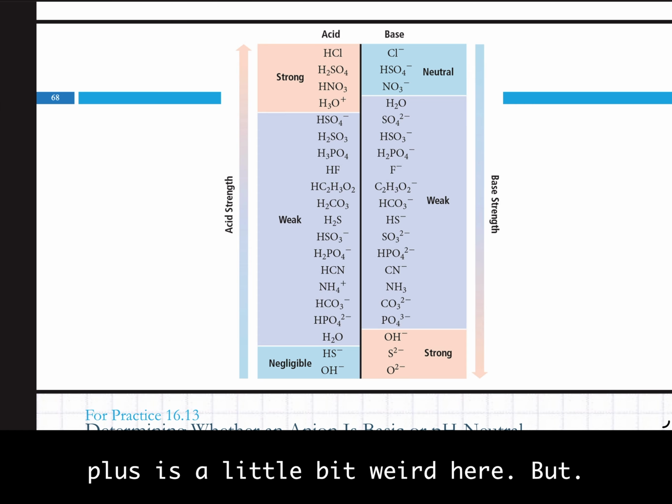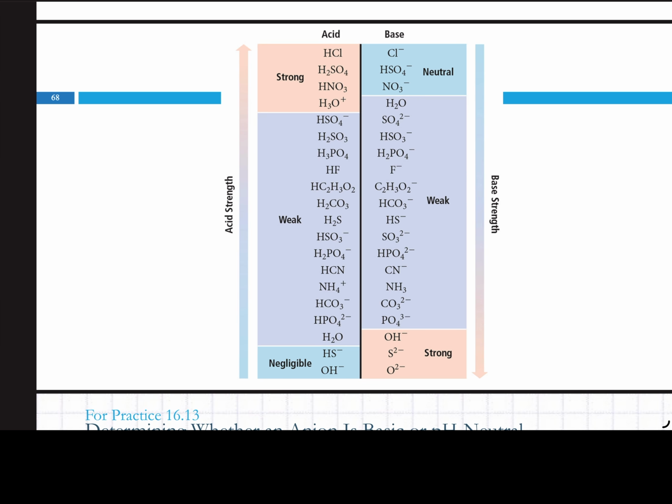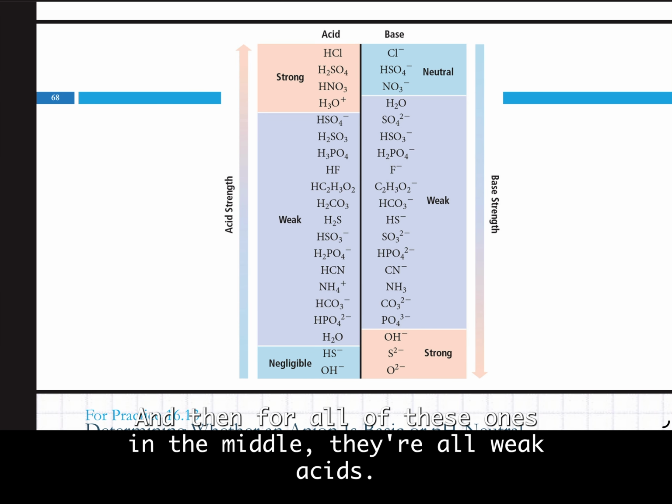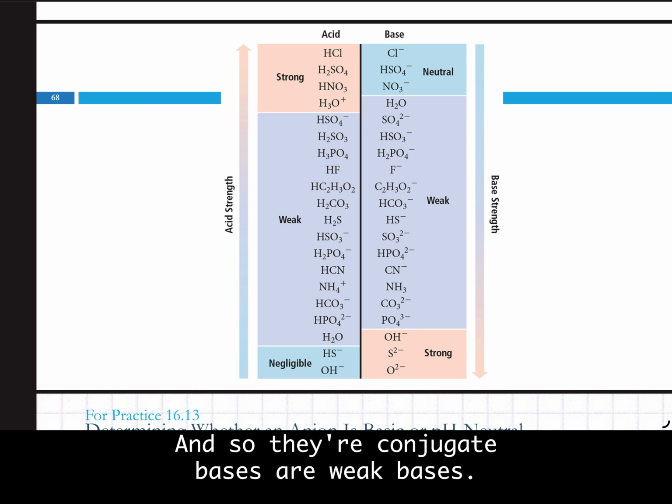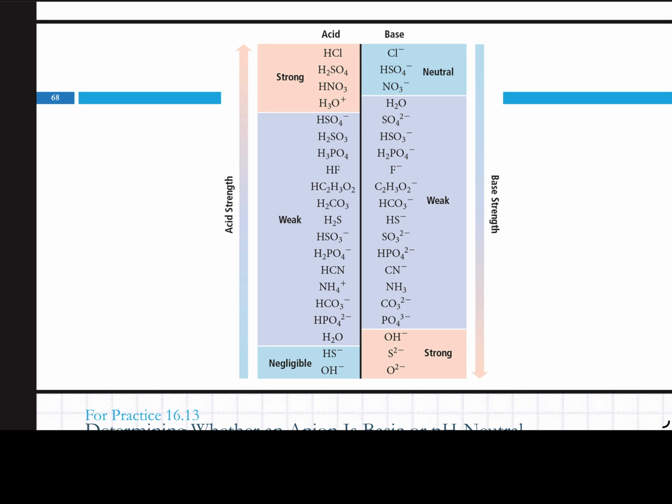Including H3O plus is a little bit weird here. And then for all of these in the middle, they're all weak acids, and so their conjugate bases are weak bases.